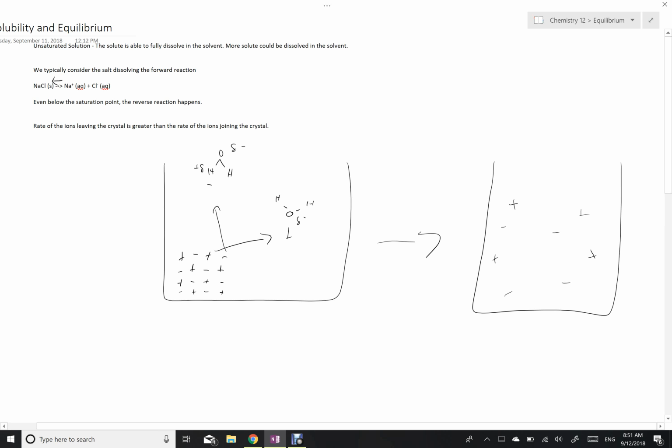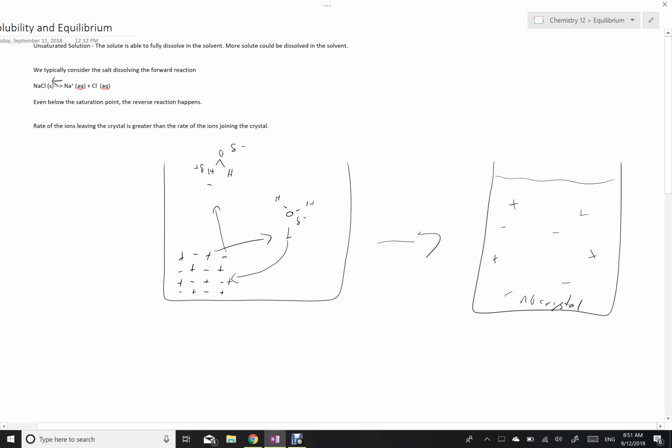That doesn't mean that the reverse reaction doesn't happen. That doesn't mean that just because an ion leaves, it can't possibly come back and rejoin the crystal. But what it does mean is that the rate of ions leaving the crystal is greater than the rate of ions joining the crystal, all the way until the crystal becomes fully dissolved. What that means then is that at some point at the end, there's no crystal remaining for the ions to go back to, and as a result, there's no equilibrium.